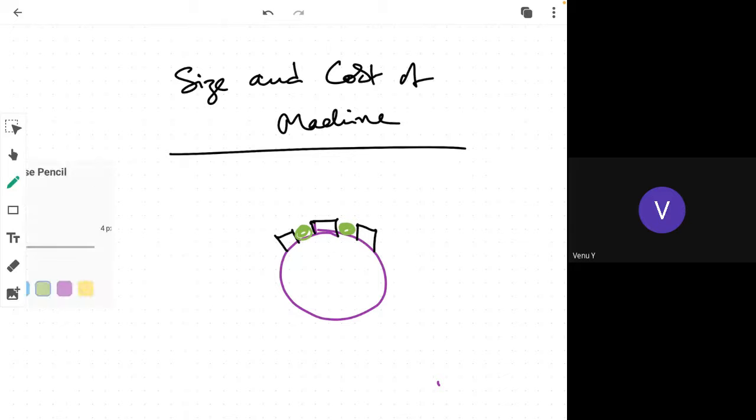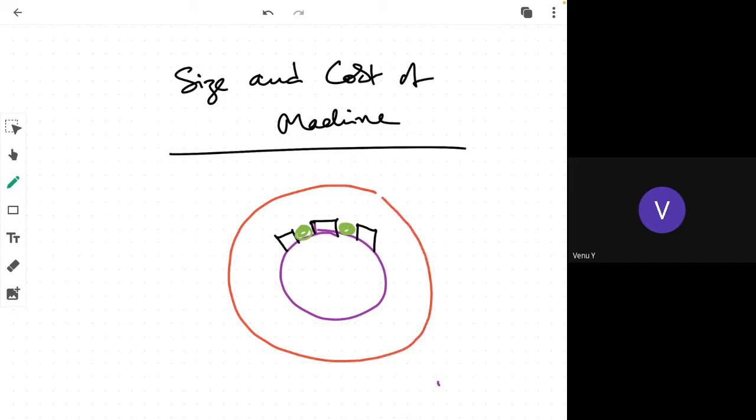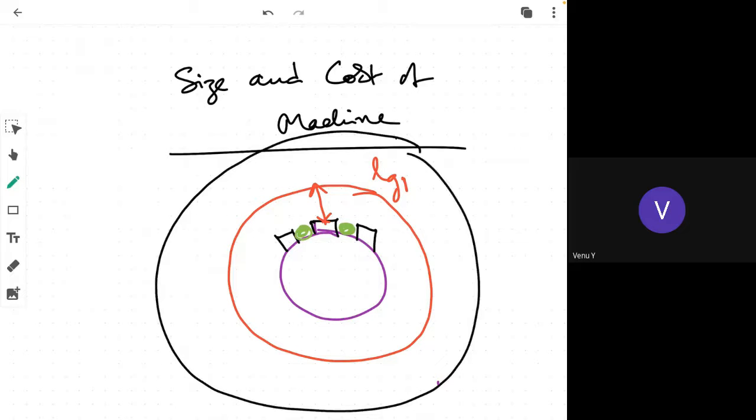and so this is the stator. Normally the air gap we have is LG1. LG is the air gap, LG1 is air gap 1. So when it is doubled, naturally you have the stator, now the LG2.